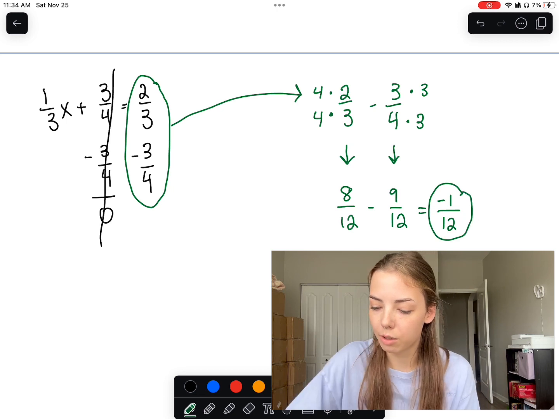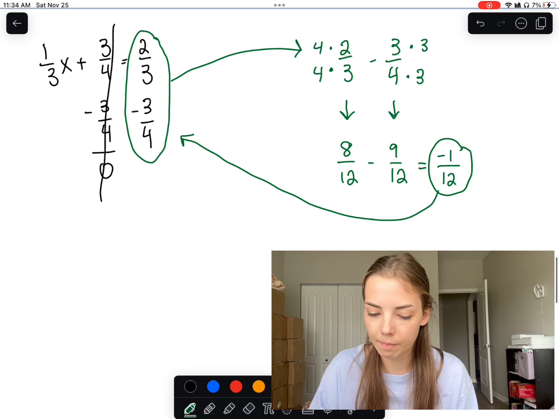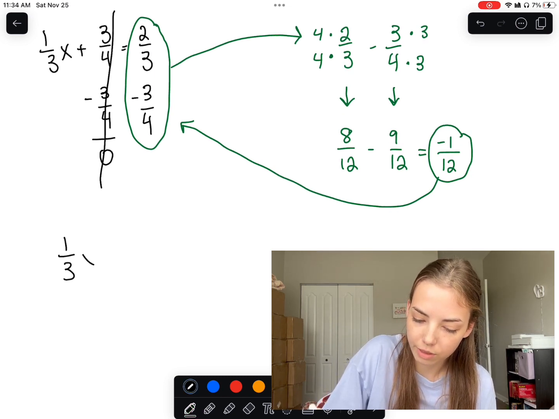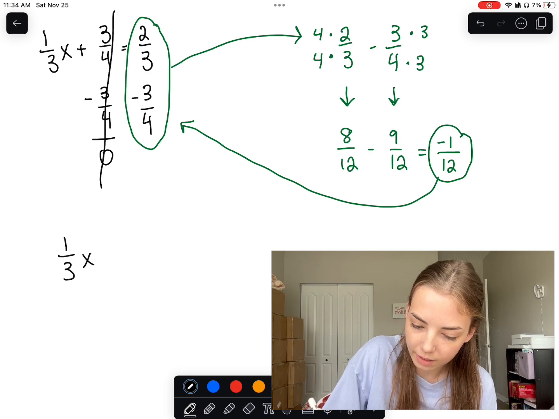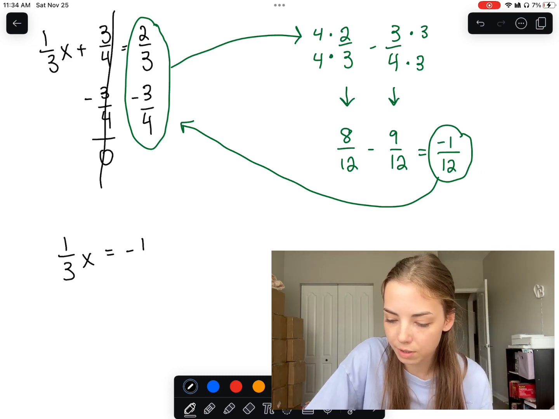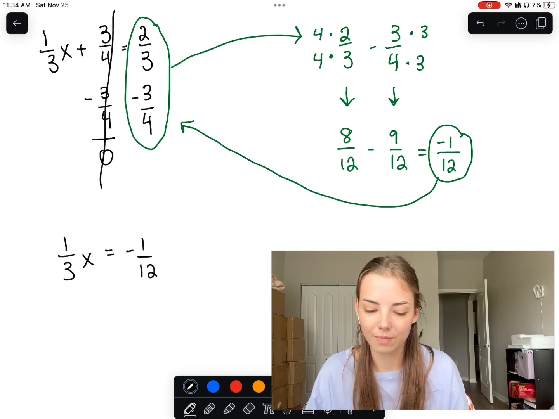Perfect. So I'm going to refocus and plug this back in where it was here. So I'm left with 1/3 x plus 0, I'm not going to write that, equals -1/12. Cool?